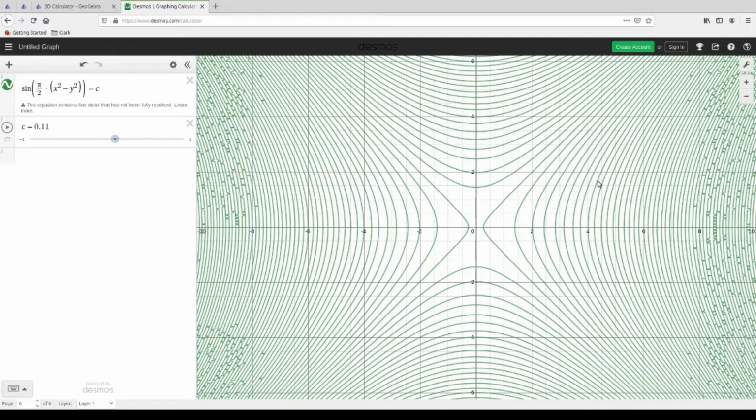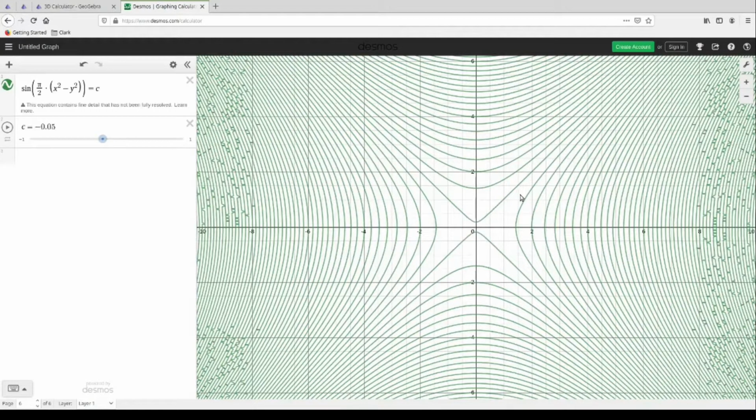And as you move around, the level curves are changing on these hyperbolas. So for instance, these curves are the level curves for c equals -0.5. You change c to 0.2, the level curves change. So these right here are the level curves for c equals 0.02. But the idea is that this is how we visualize these functions of two variables.